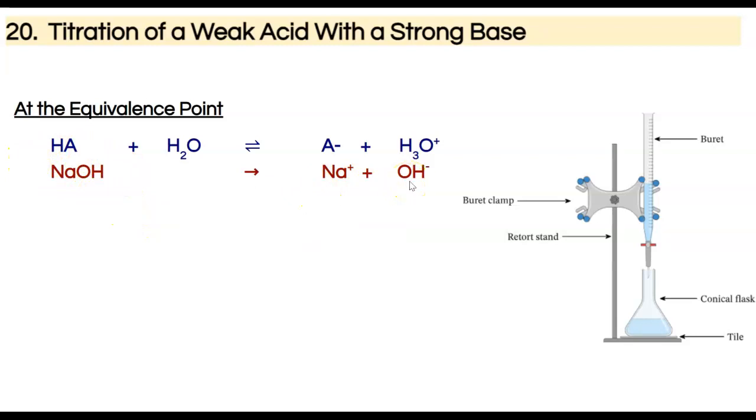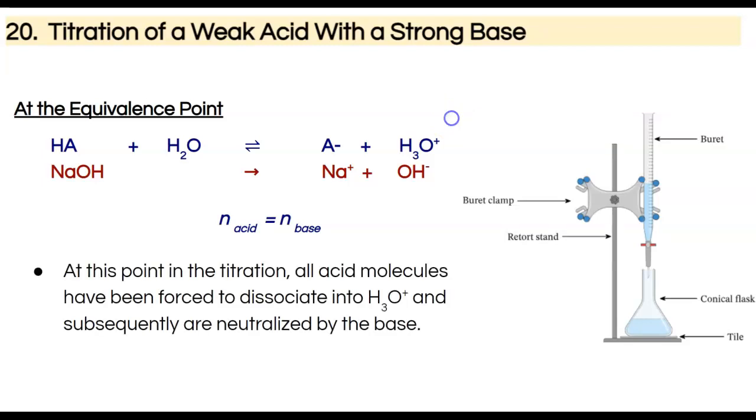And so if I'm adding that to my hydronium, every time I add a hydroxide to hydronium, it's pulling the hydronium out of that solution, and the two of them together are making water, which is going to continue to shift that equilibrium to the product side, right? And so I know that all the acid molecules are eventually going to be forced to dissociate just to replace the missing hydronium ions. And so they're going to be neutralized by the base.